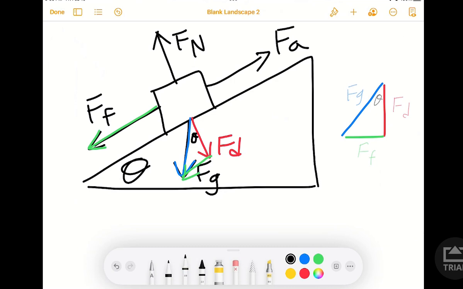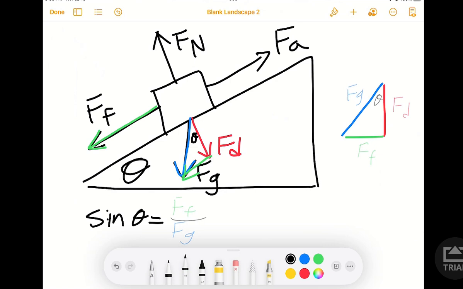So if we think about this angle theta, we'll take the sine and cosine of the angle. If we take sine theta, sine is just opposite over hypotenuse. So in our tiny triangle, that would be FF over FG. Now we really were interested in what that FF is.